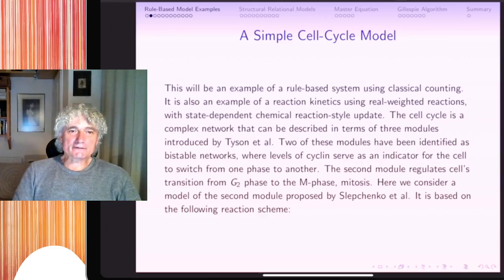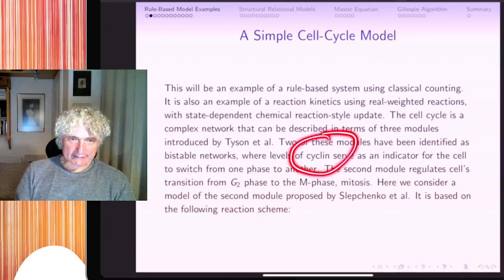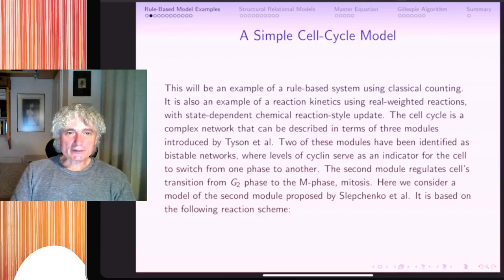And after a lot of research, biologists have found out that there is a certain protein family that is responsible for, let's say, triggering the cell cycle, and that is here the cyclin family. For the purposes here, you have to think of one of the cyclins being a kind of clock inside the cell.